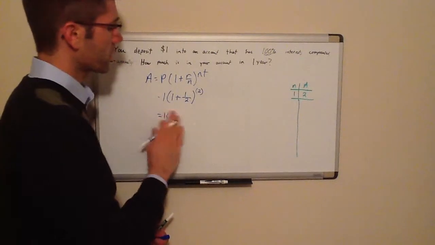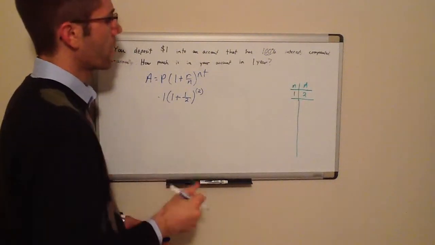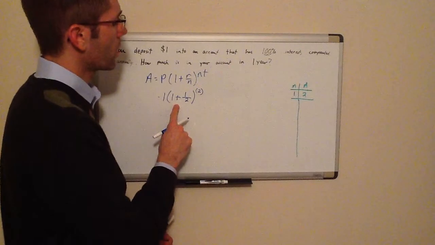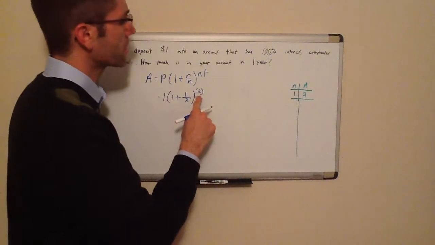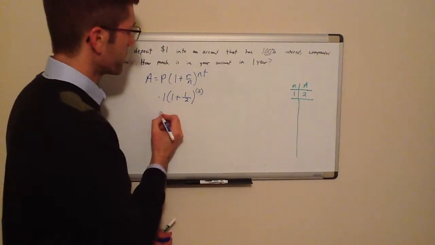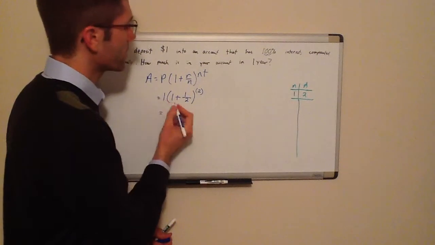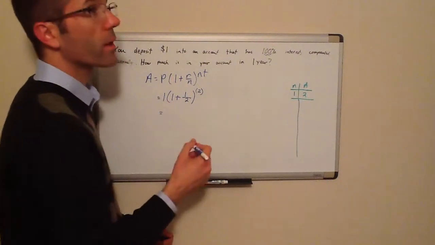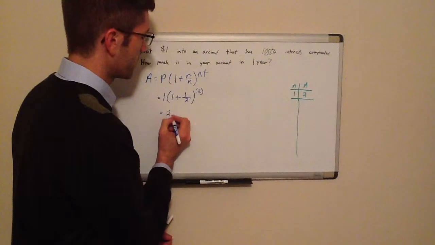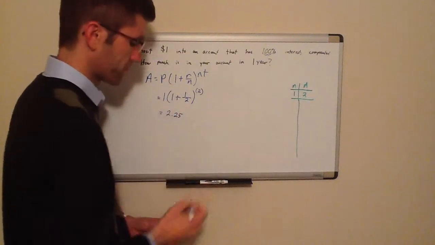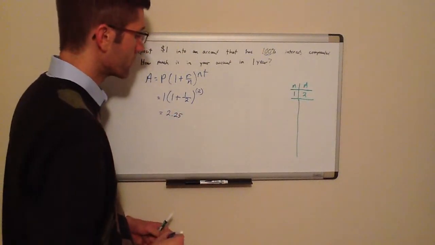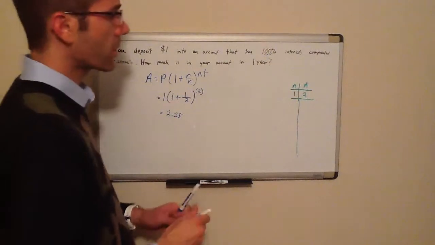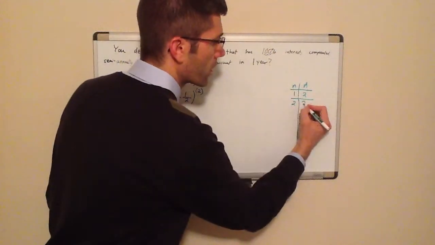So we have 1 plus 1/2 to the second power. That is 1.5 squared, which is 2.25. So when n is 2, we get 2.25.